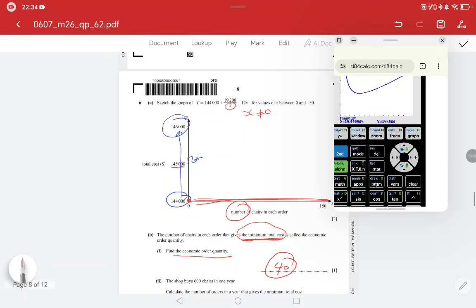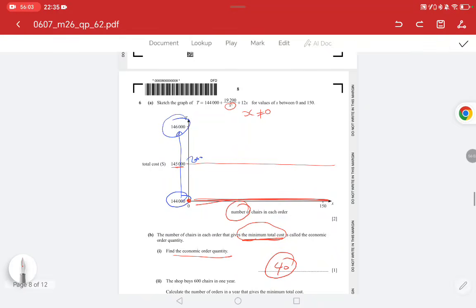So it's approximately this one, but a little bit down. If you have a horizontal line like this one and you sketch it, you should have something approximately like this, if you want to make it more accurate.